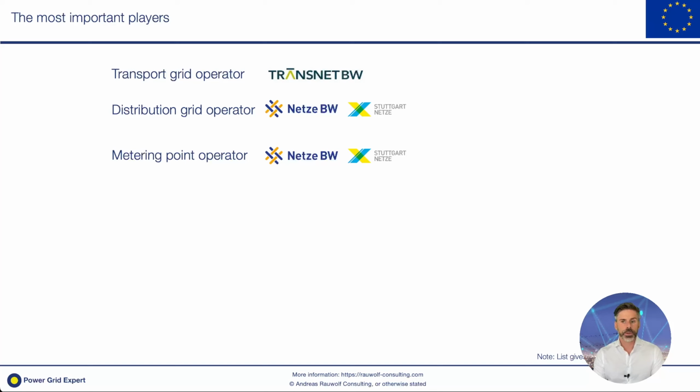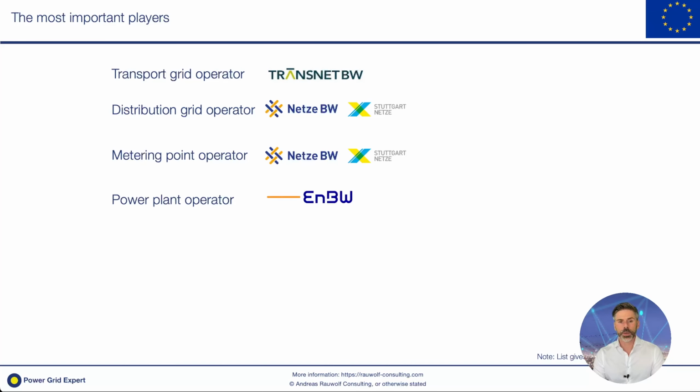This is something given by European regulations. As far as I know, in most cases this is done by the distribution grid operator, but generally this can be another company as well.